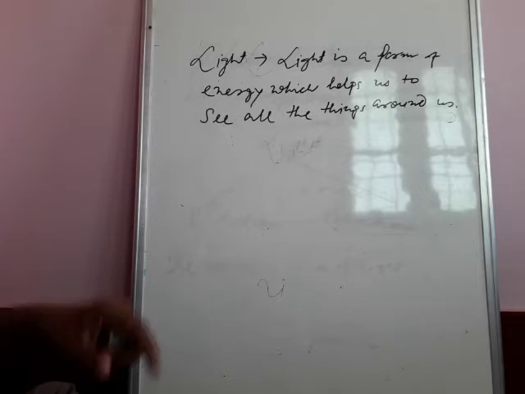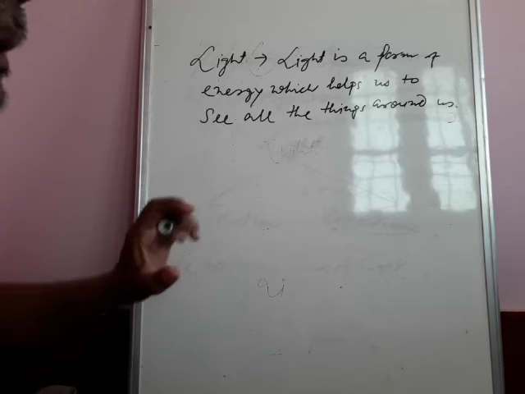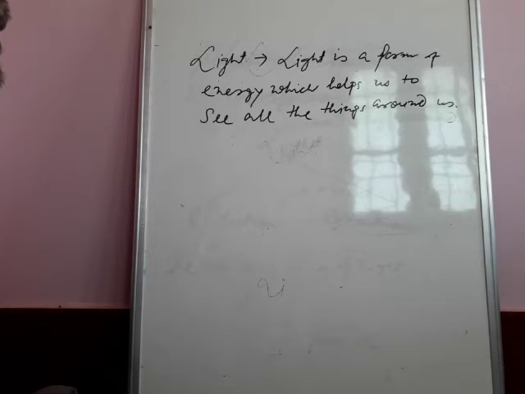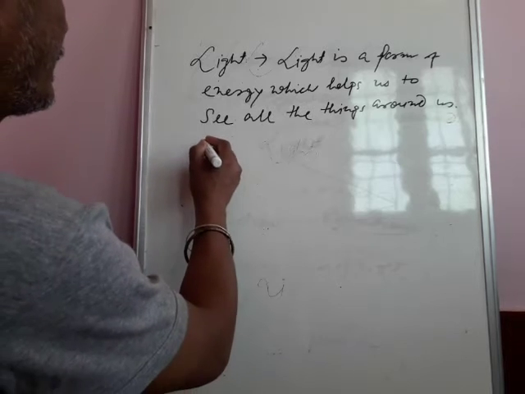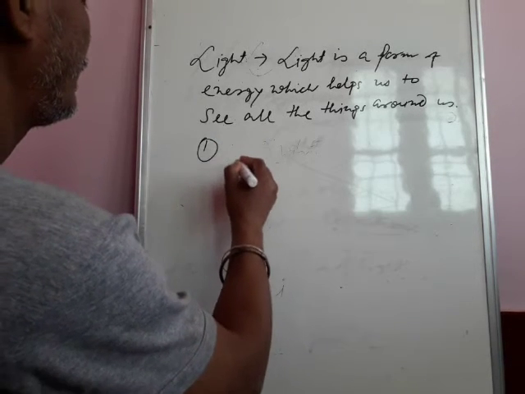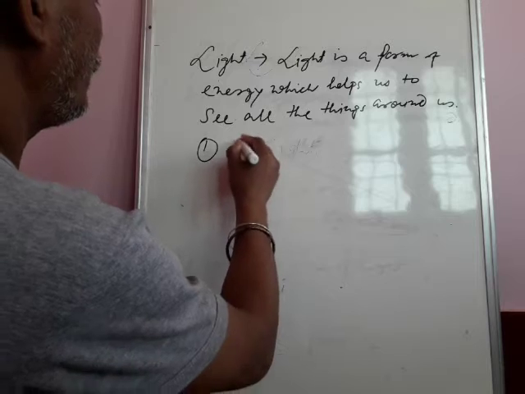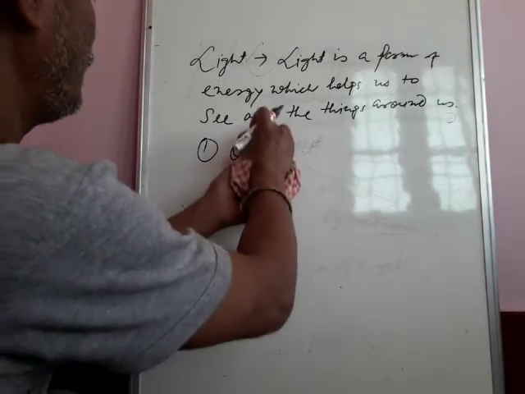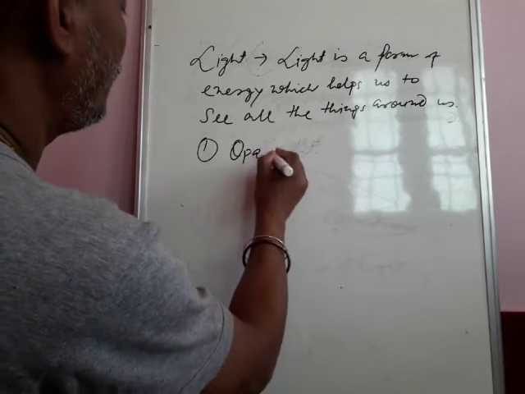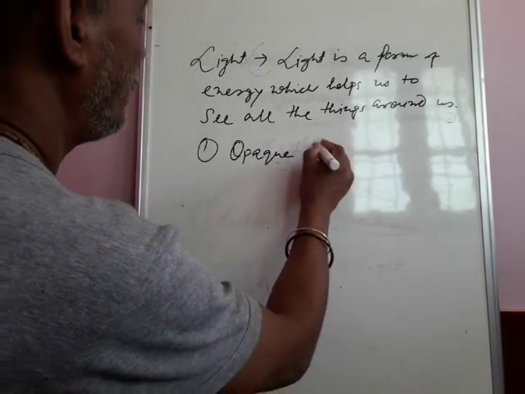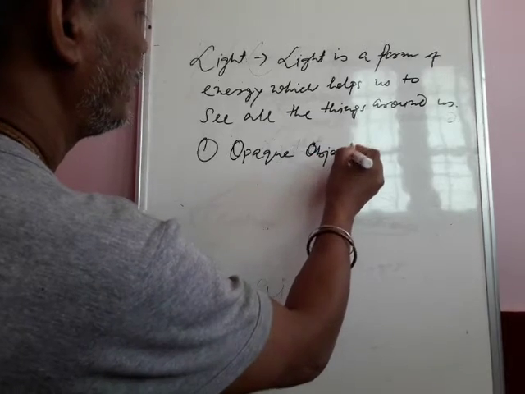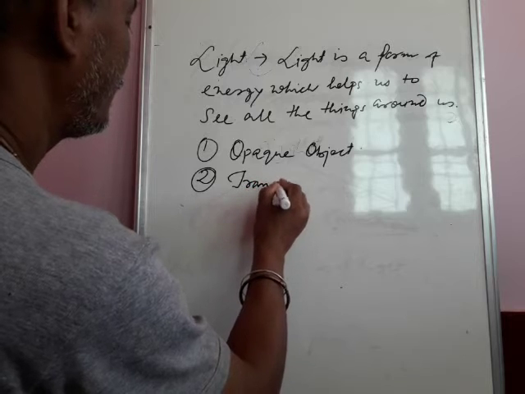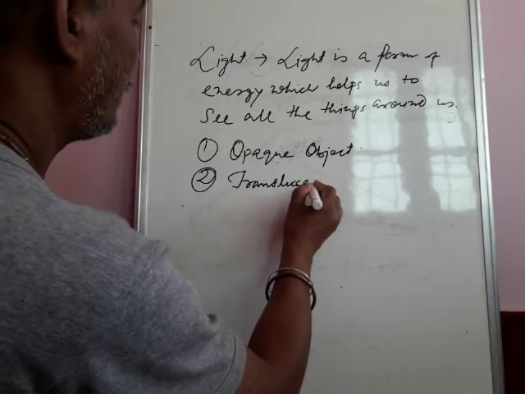So before going deep into the lesson, today I will introduce you to some very important terms related to light. Number one, opaque object, O-P-A-Q-U-E. Number two, translucent object, T-R-A-N-S-L-U-C-E-N-T.